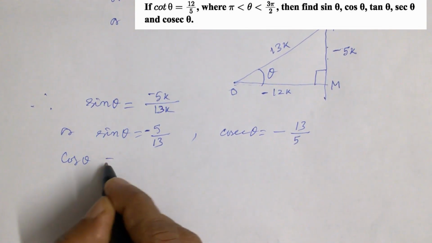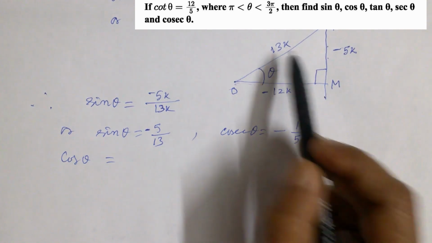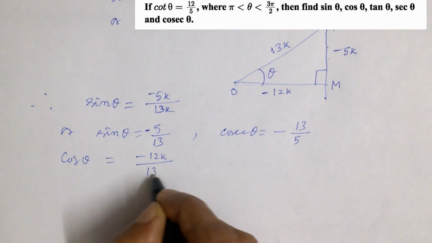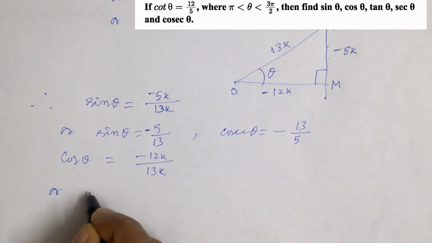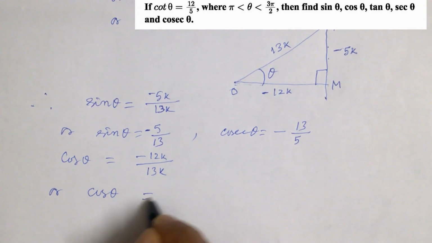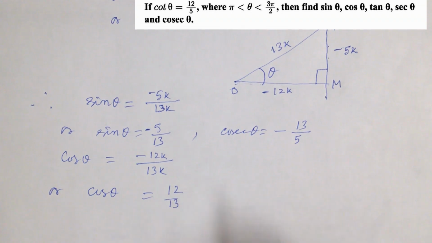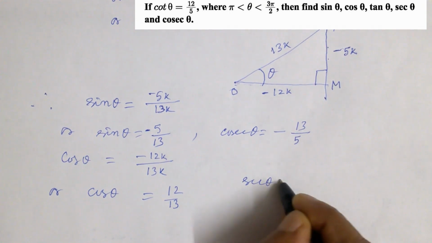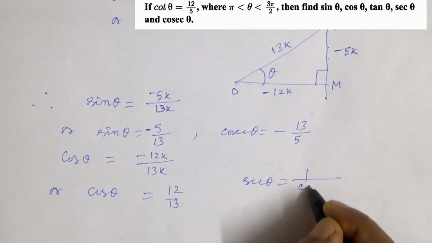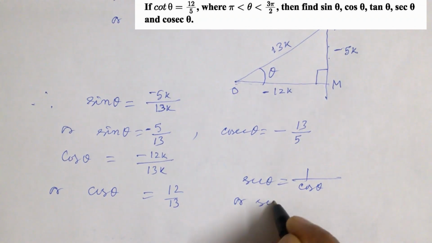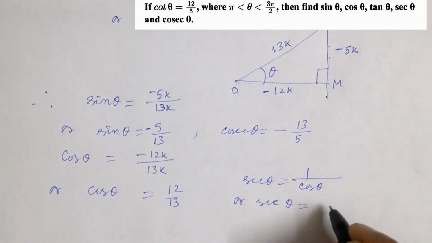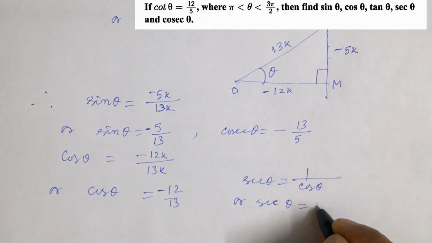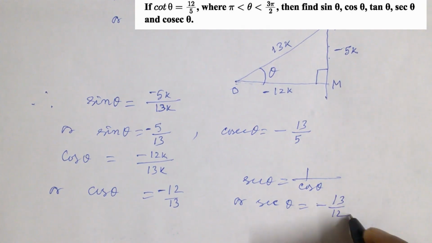Cos theta is equal to base by hypotenuse, minus 12K by 13K, or cos theta is equal to minus 12 by 13. As sec theta is the reciprocal of cos theta, sec theta is equal to minus 13 by 12.